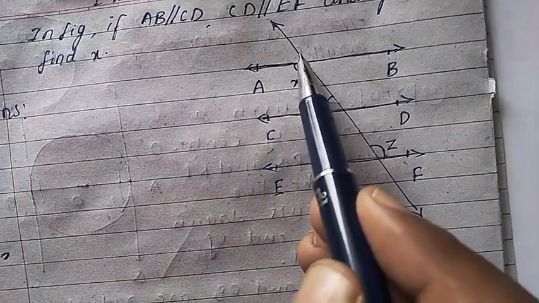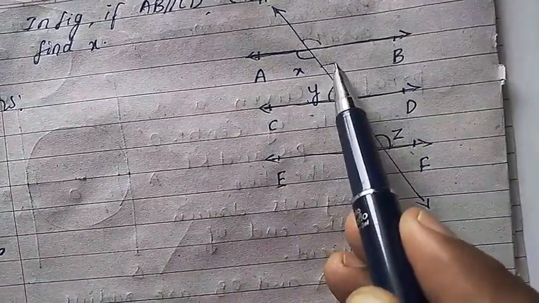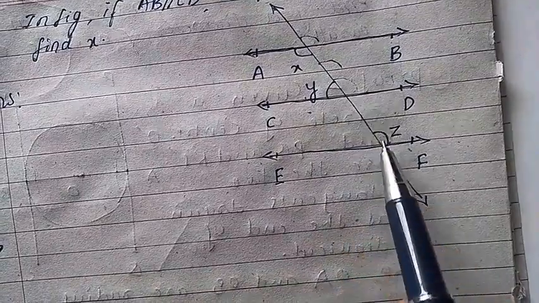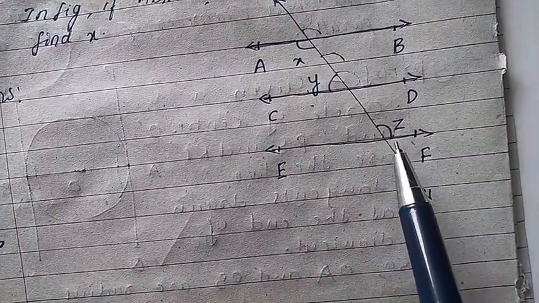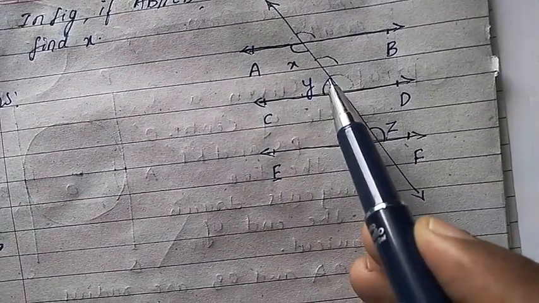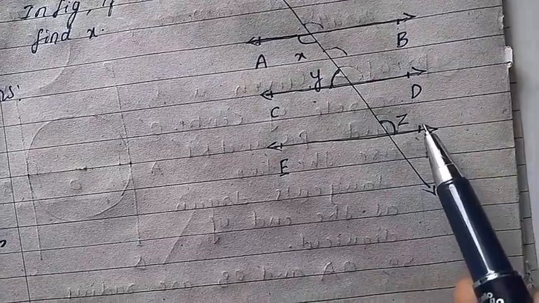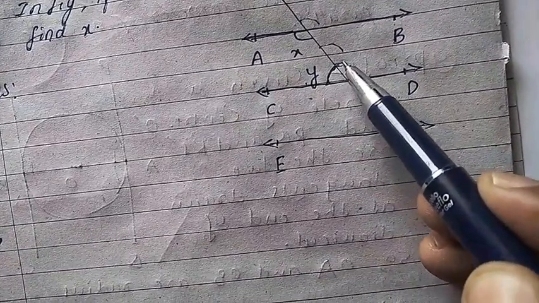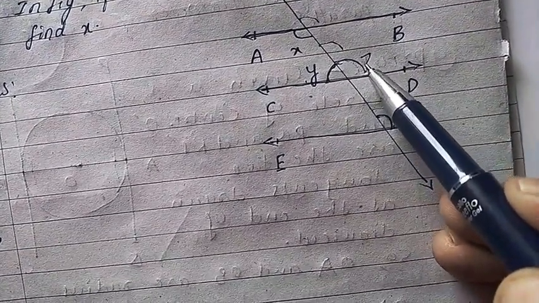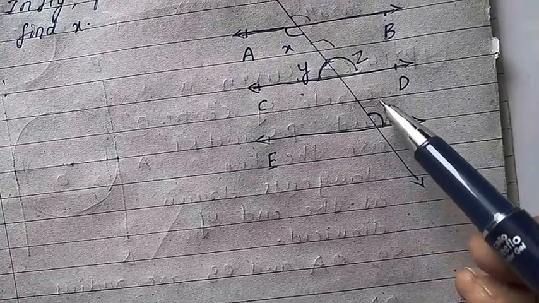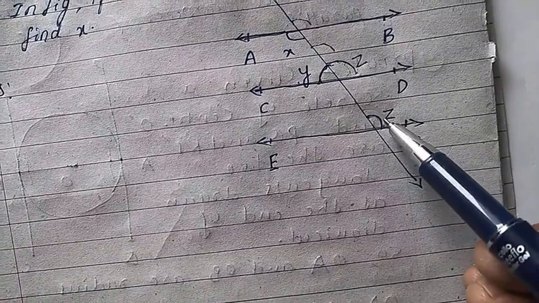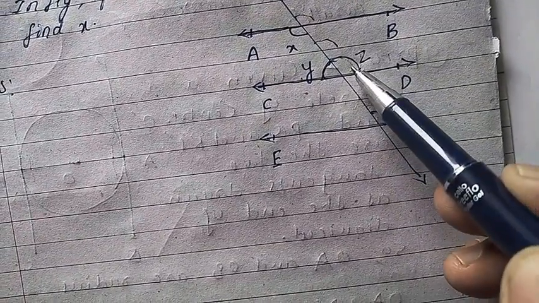See here, this angle is equal to this angle and this angle is equal to this angle. These corresponding angles are equal. So angle Y is on the left hand side, but angle Z is on the right hand side. Now see that this angle is equal to this angle. This is also Z, because corresponding angles are equal. This angle is also Z here.